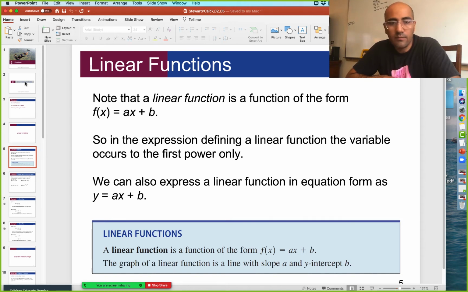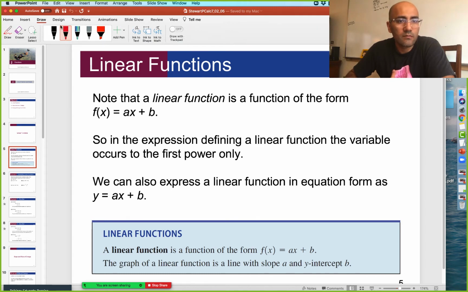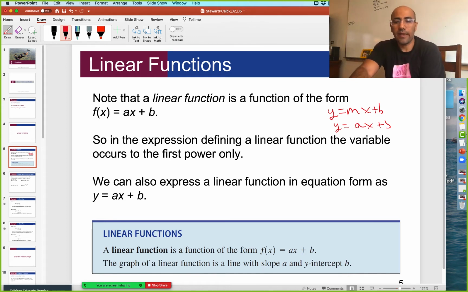Typically, we use the variable a instead of m, because most of us were probably introduced to linear equations with the variable m for slope. So we have y equals mx plus b, but m and b are just any real numbers, so we can also replace it with ax plus b, where the a is the m. Good. So a is the slope, and (0, b) is the y-intercept.